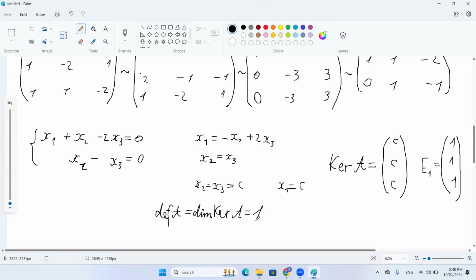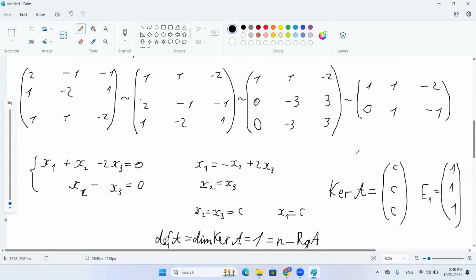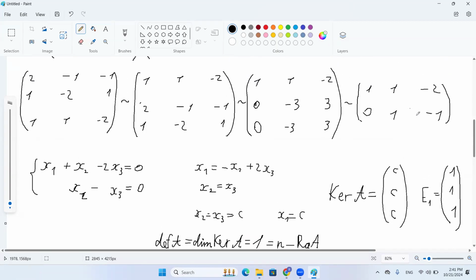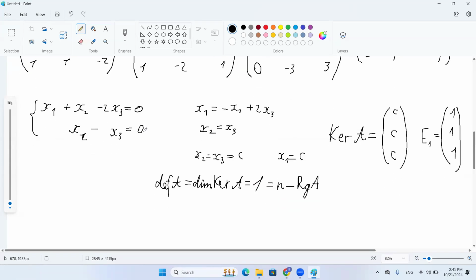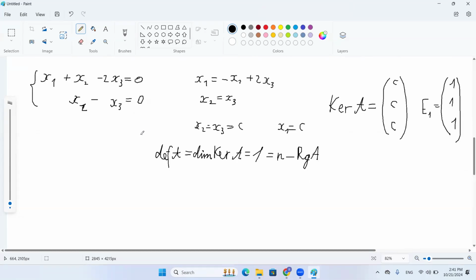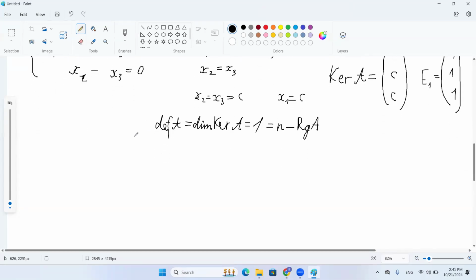Okay. But it can also be calculated in another way. So it is n minus the rank of matrix A, and matrix A has rank 2. So that's another way to calculate. And what can you tell about the image of the operator?